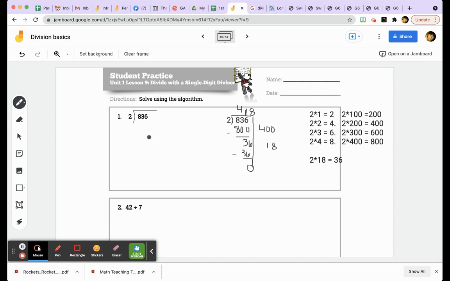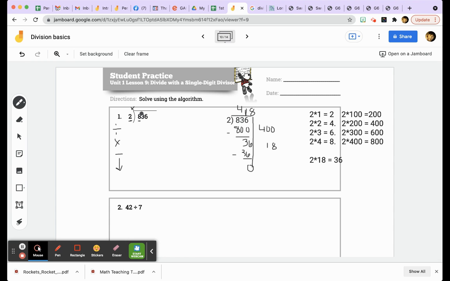So now I'm going to use the standard algorithm. And again, my 4 steps are divide, multiply back, subtract, and bring down. I'm going to put my little multiplication sign there to remind me that I'm multiplying back here. And I'm going to look at my divisor, and I have 1 digit. I have 2. So I'm going to look at the first digit in my dividend.